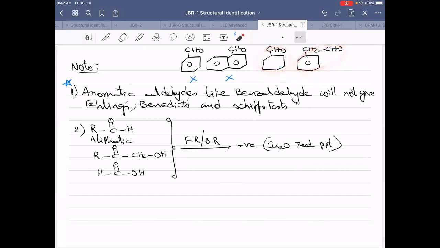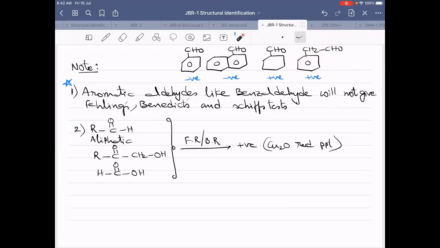Understanding? Maybe an aromatic ring is there, but it is not an aromatic aldehyde. Aromatic aldehyde means the CHO should be directly attached to the benzene ring. Okay? So these will give the positive test, and the others the negative test.